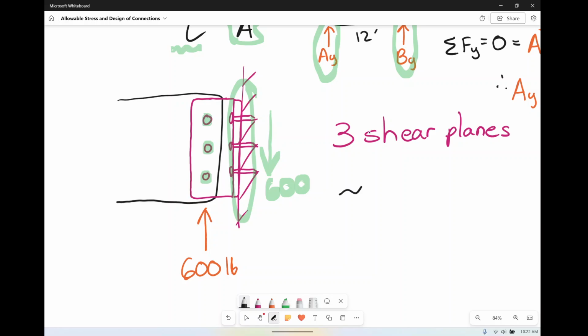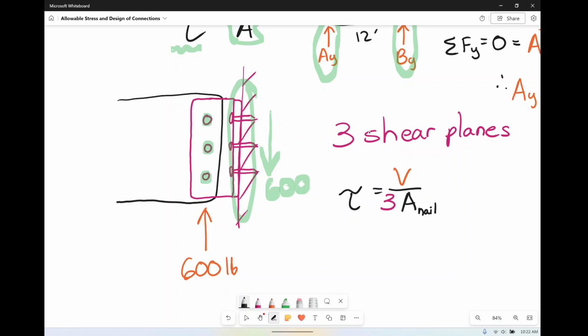So our equation for shear stress is going to be V, which we know to be AY or BY, over the fact that there are 3 shear planes times area of the nail. Okay, so that's our equation. However, we don't actually have our shear stress yet.